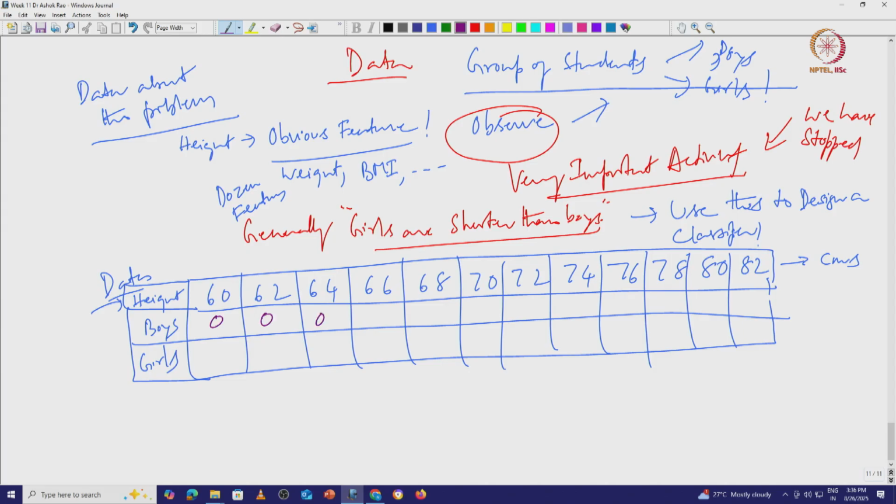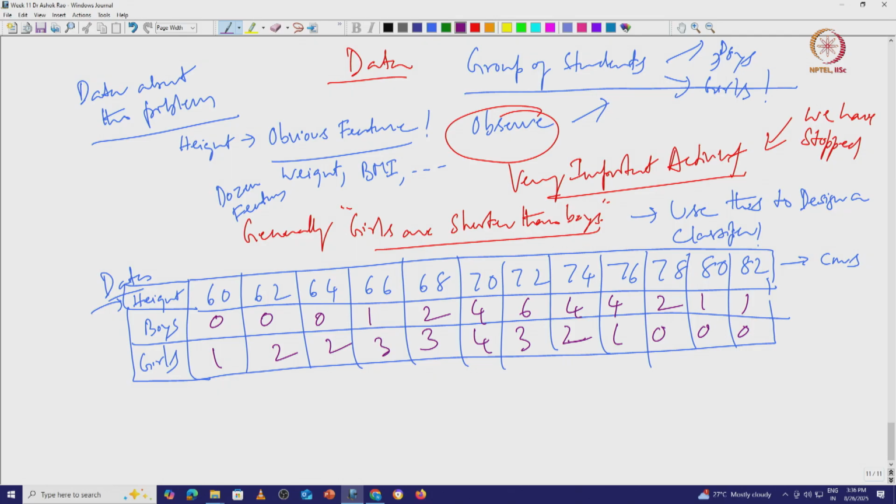Zero, zero, zero, 1, 2, 4, 6, 4, 4, 2, 1, 1, 1, 2, 2, 3, 3, 4, 3, 2, 1, 0, 0, 0. So, this is the data I have for girls and boys: various heights, the number of girls with this height and the number of boys with this height.